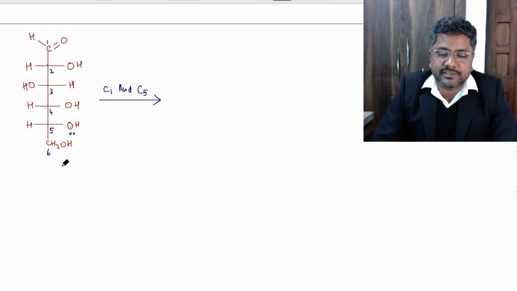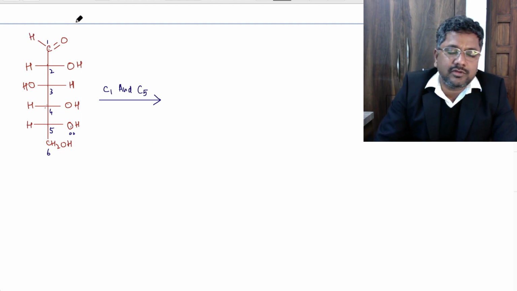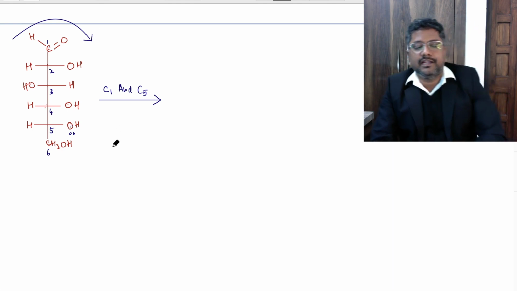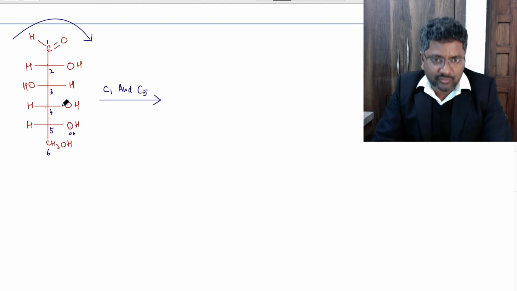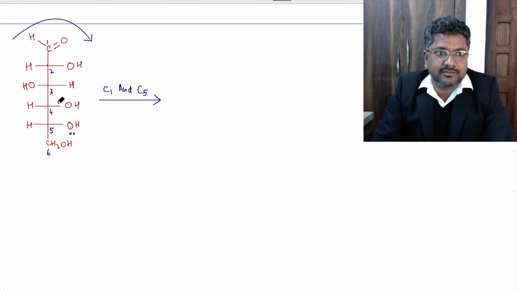What you do, you rotate this molecule clockwise. And after rotation, you have to make the folding at the different carbon. So see, I am doing this.